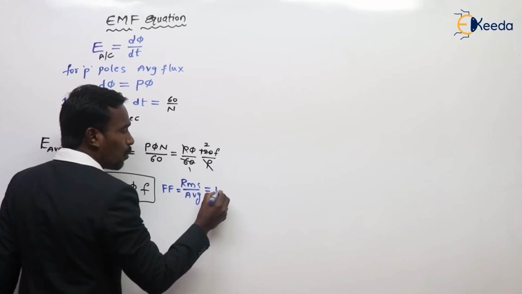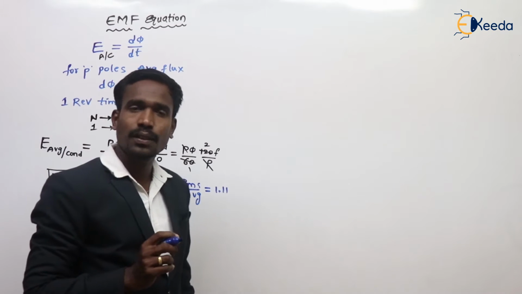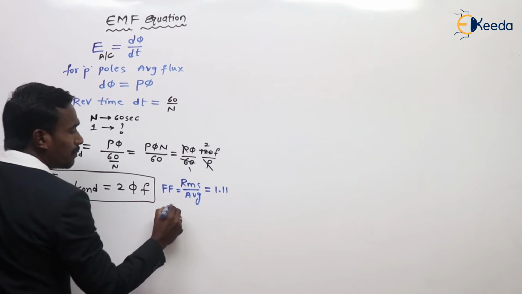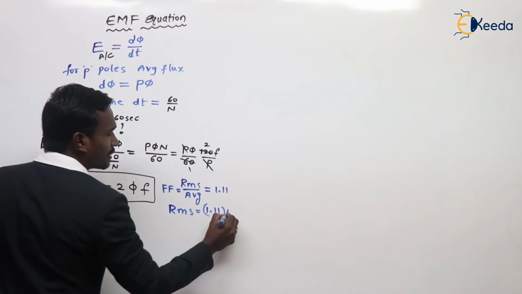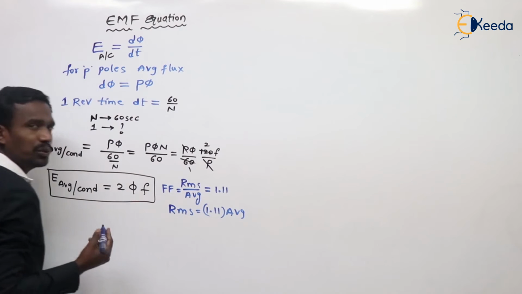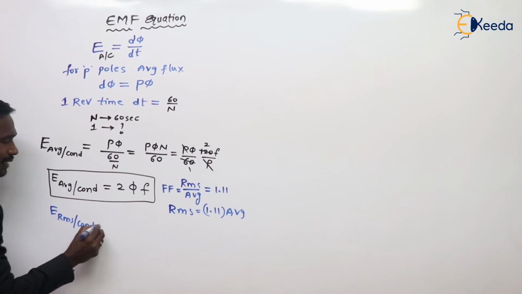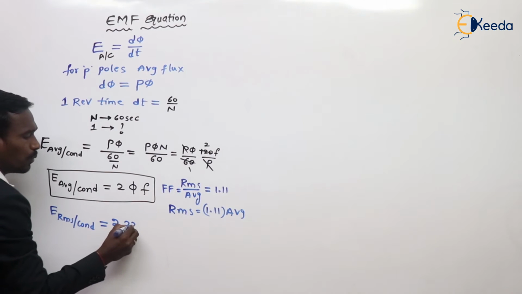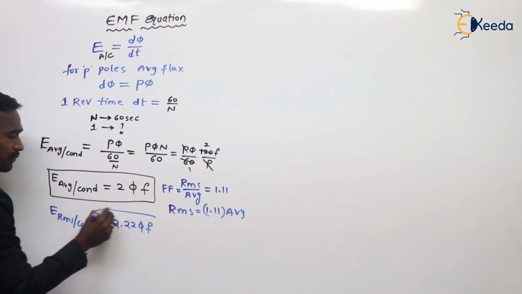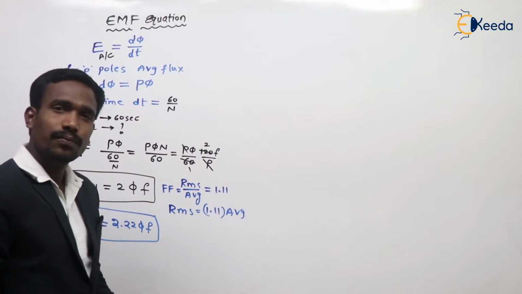Its value is 1.11 for a sinusoidal waveform. So RMS is equal to 1.11 times the average value. So now tell me, E RMS per conductor is equal to 1.11 times 2 phi F, so 2.22 phi F. This is E RMS per conductor.